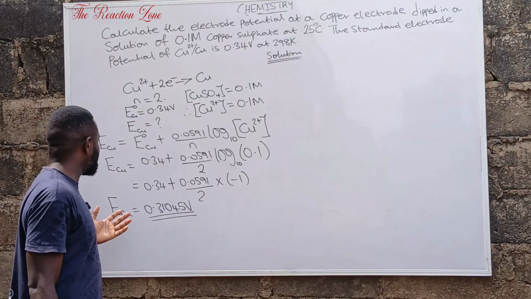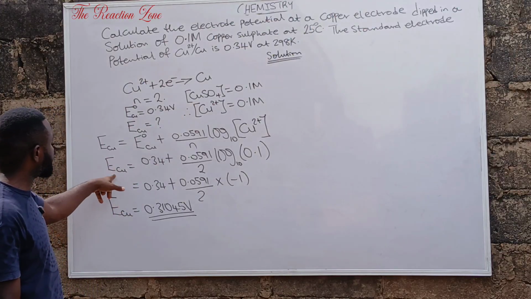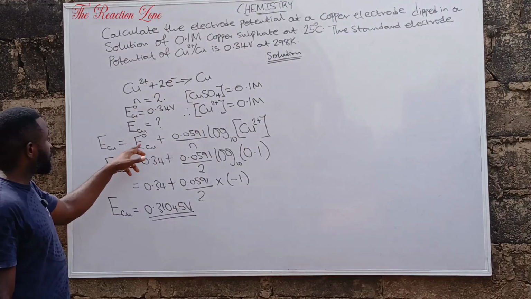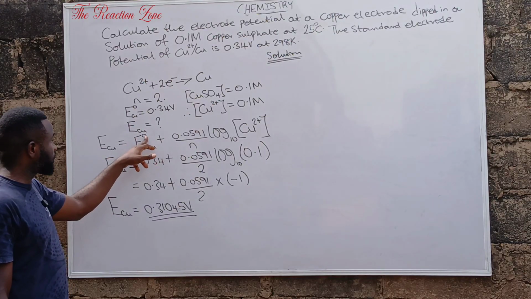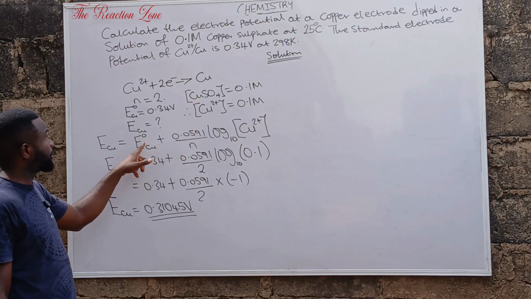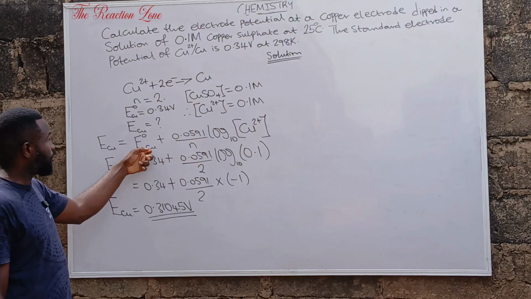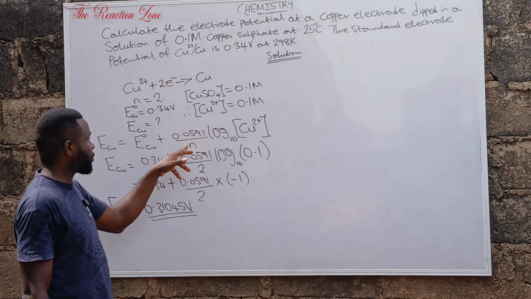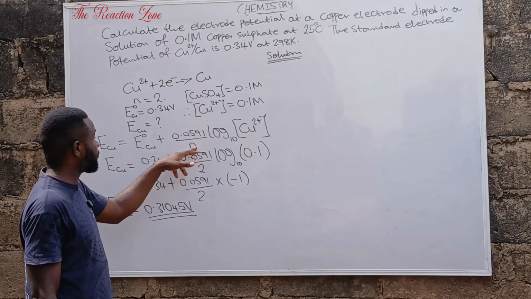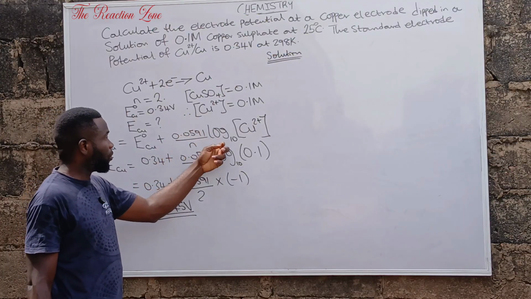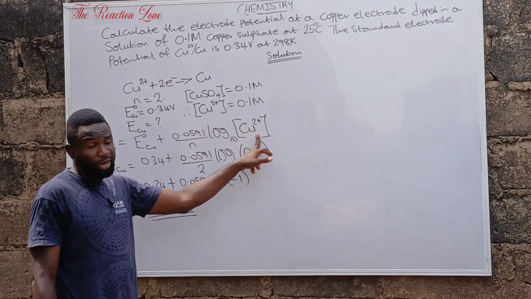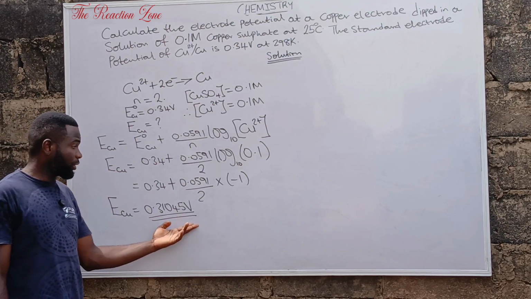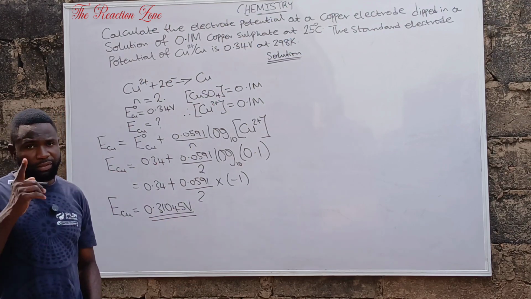And so E_Cu, where E_Cu represents the electrode potential of copper, is equal to E°_Cu, which is the standard reduction potential of copper, plus 0.0591 over n, where n stands for the number of electrons involved, log the concentration of copper ions. And when this is solved, you're going to get 0.31045 volts.